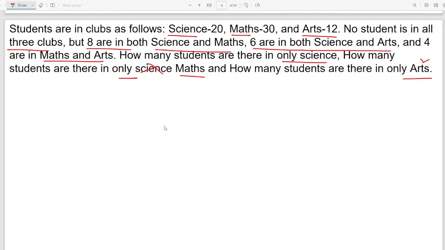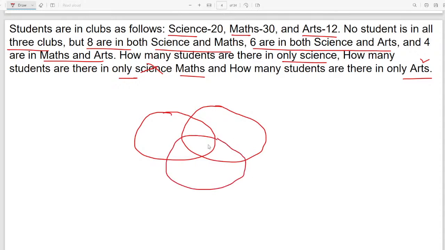Normally, whenever we have three items, we draw a Venn diagram. We have one here, two, and this three. These are the three clubs that the students can belong to: science, maths, and arts.